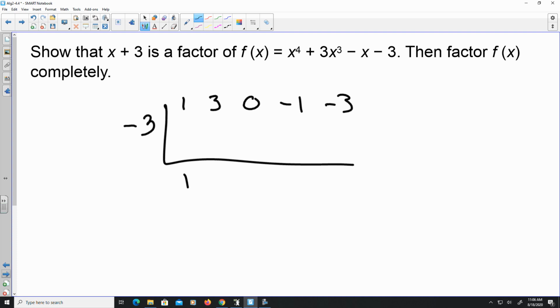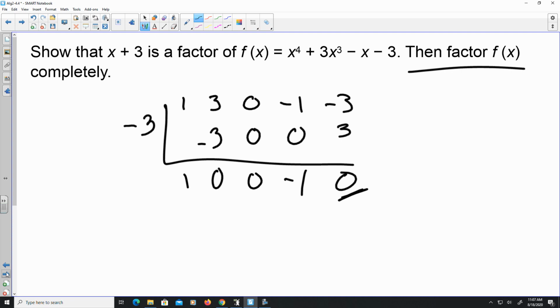Drop down the 1, multiply, and I get 0, 0, negative 1, then 3, and I get 0. So I showed that x plus 3 is a factor. I just proved it by using synthetic division.